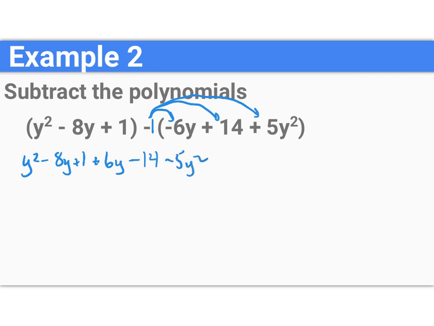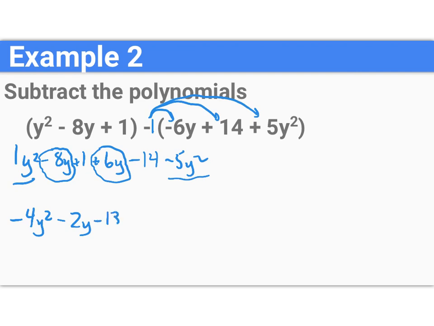And now we combine like terms. Okay, let's see. Underlines. 1y squared minus 5y squared is minus 4y squared. Minus 2y plus 1 is minus 13. Very simple. You should be able to do this easily.